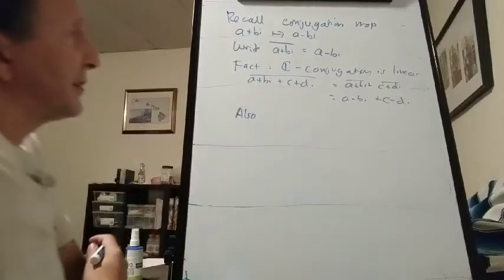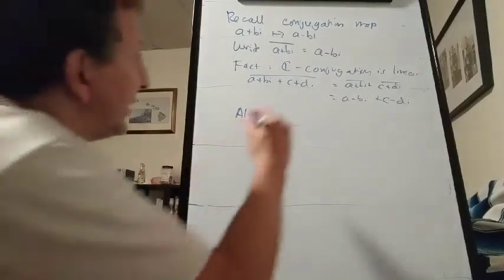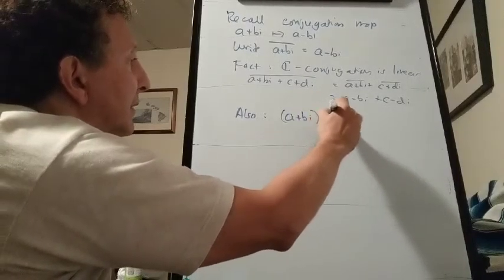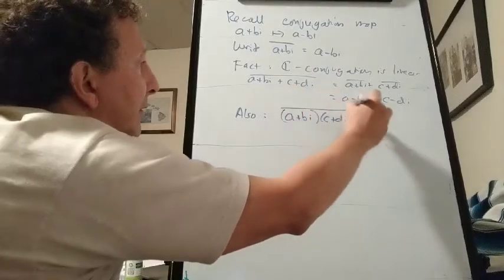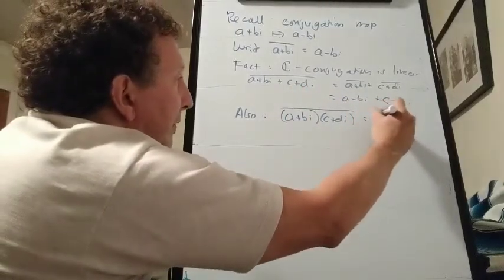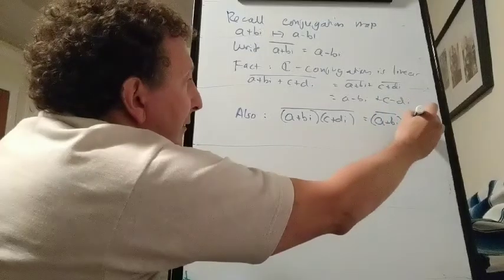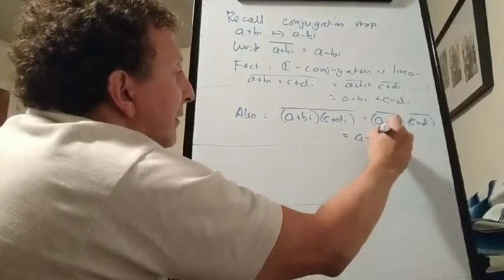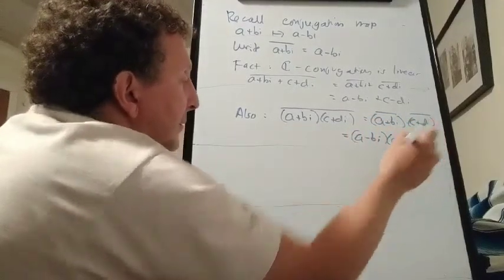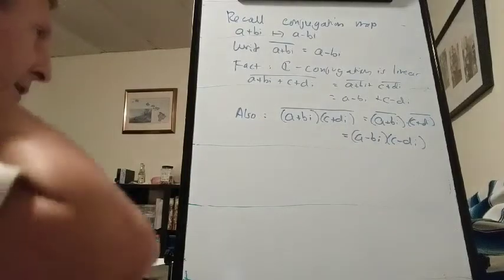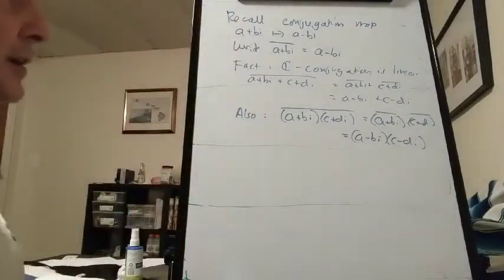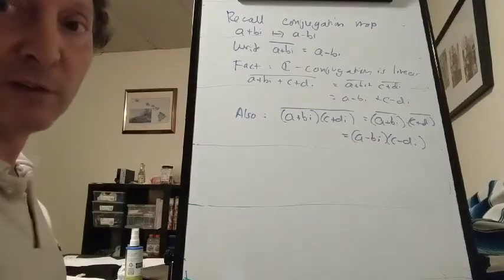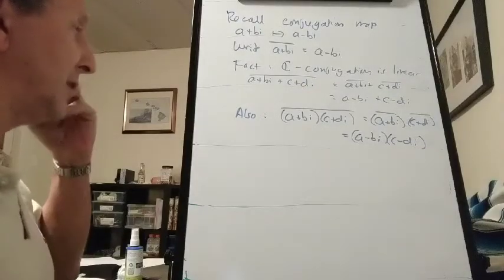Now, complex conjugation has a property that linear maps don't have, and that is it respects multiplication. So that property means that if we take the complex conjugate of matrix entries and multiply the matrices, we can do it in either order.